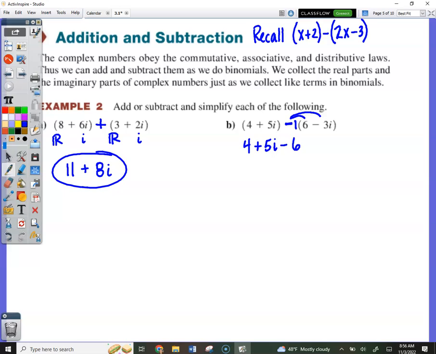That's a negative 3i, becomes a positive 3i. And then now check your real numbers and your imaginary numbers. So this is real, this is imaginary, this is real, and this is imaginary. So 4 minus 6, and positive 5i plus 3i, 8i.